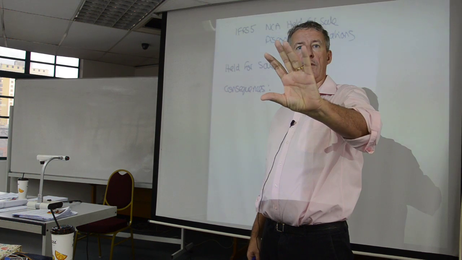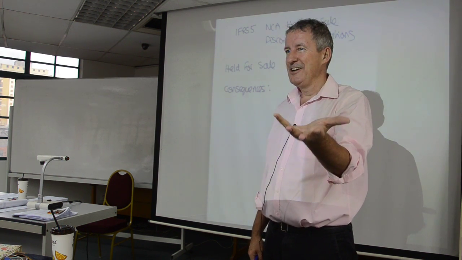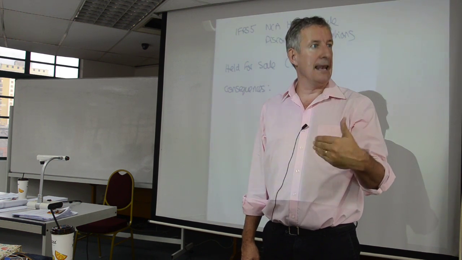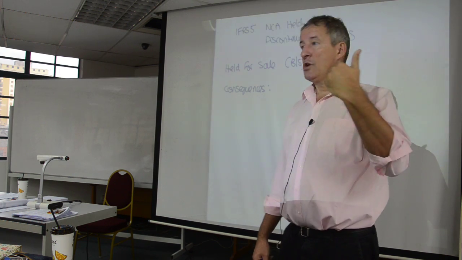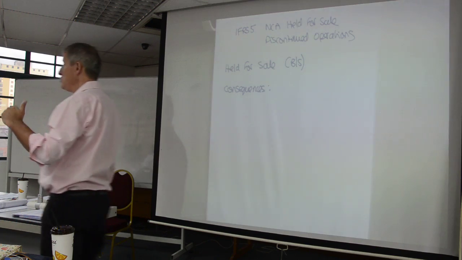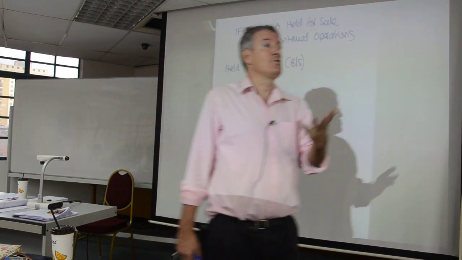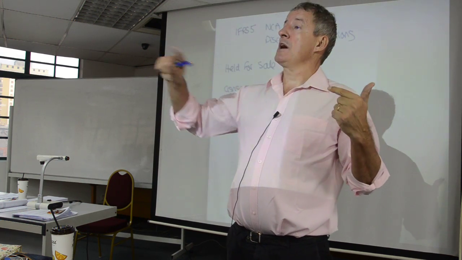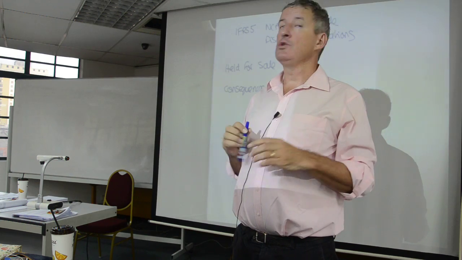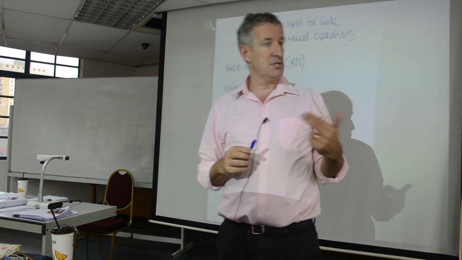Non-current or current? Current, because it's held for sale. The way you are going to recover from the asset is from selling the asset. So you're not depreciating the asset anymore, and you would need to do an impairment review. If needs be, you're going to write it down to the fair value less cost to sell.